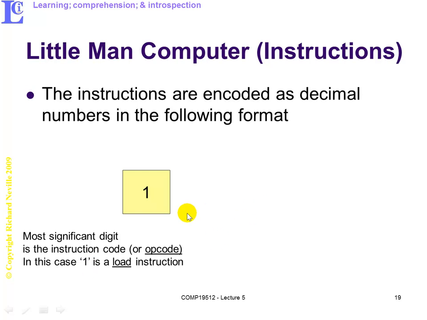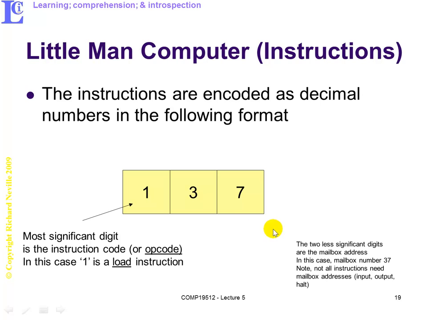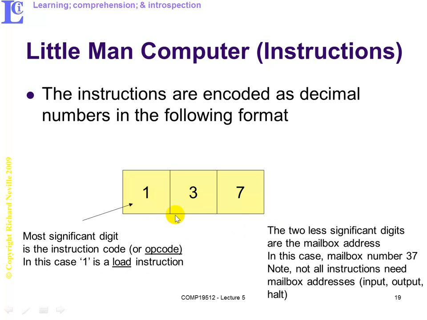Now the next 2 digits may be part of this instruction where necessary, but not always. These 2 least significant digits, when required, could be a mailbox address. Some of the instructions do not need these 2 digits and they're just ignored. A lot of them, load and store, do.